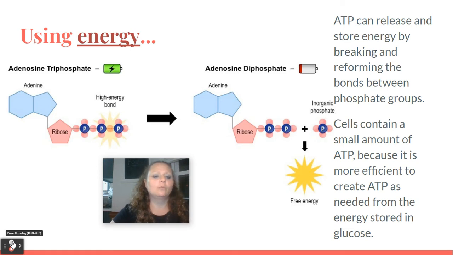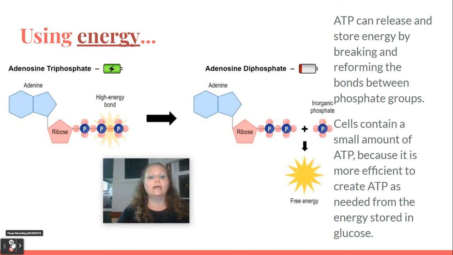And so if we need energy, our cells literally just take that ATP and they break that last bond. And when they break that bond apart, it releases energy that we can use. Our cells can use it, our bodies can use it, and it's really important. And then that leaves the ADP, or adenosine diphosphate. See, di, 2 phosphates, tri, 3 phosphates. The adenosine diphosphate is left so that another phosphate can be attached.